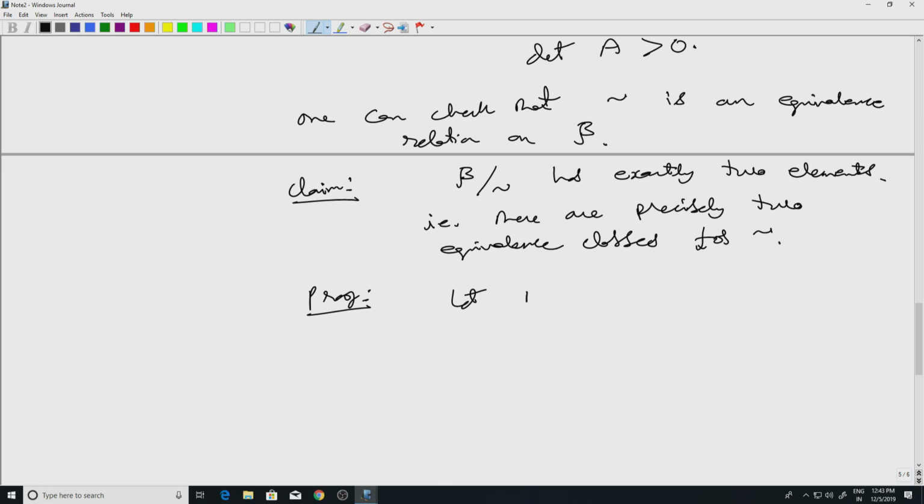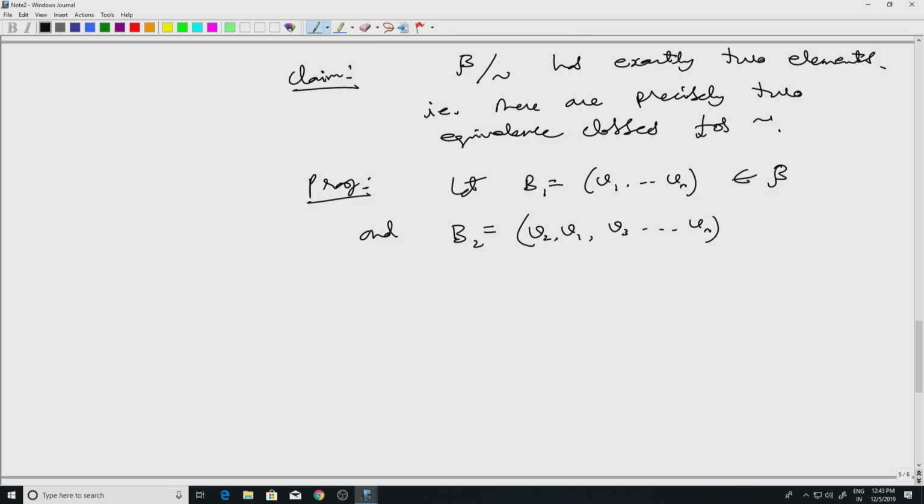Let B1 equal (v1, ..., vn) in beta, and for the second basis, I just interchange v1 and v2 and keep the remaining vectors the same: B2 equals (v2, v1, v3, ..., vn).